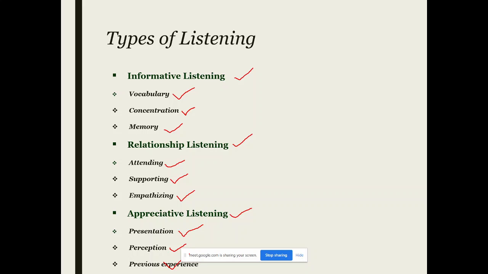Now, the same lyrics and the same music composition are being sung by new singers and music players. If you listen to both songs one after another, you would be able to appreciate the difference between these two varieties of song on the basis of the presentation, the perception and previous experience. So these are the three different types of listening that we have learned so far.